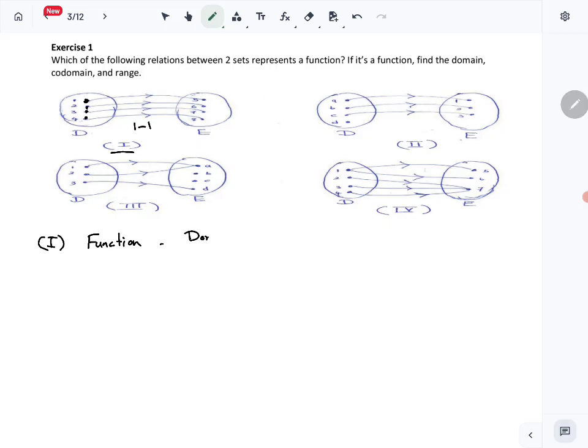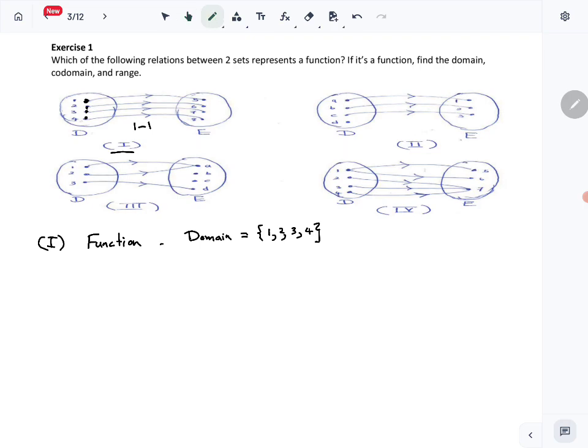The domain, range, and codomain, right? Domain is what? Domain is all the inputs. So those are the elements in set D. So what are the elements in set D? 1, comma 2, comma 3, comma 4, right? All the inputs.